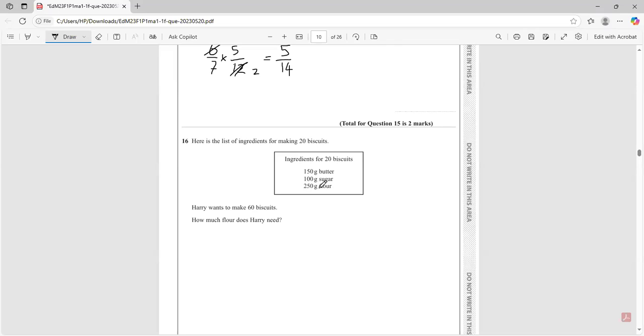So how many grams of flour does he need for 20 biscuits? That's 250. So I'm going to simply say 250 grams times 3. Okay. So I know they may want you to show where you got the 3 from.